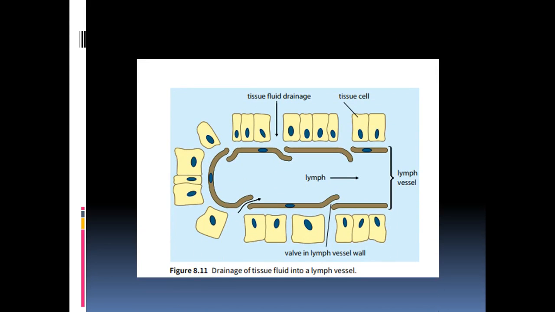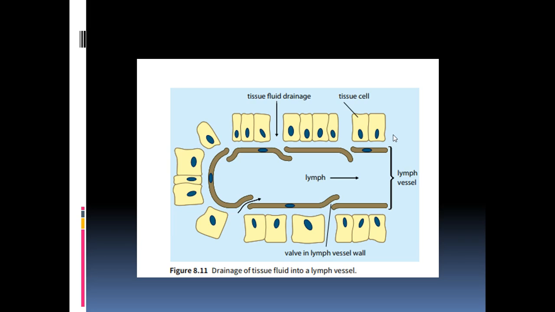Next we are going to look at the formation of the lymph. Remember I said just now that in every circulation of blood in our body, more fluid will leak out of the capillary compared to fluid moving in. So it means that whenever blood passes through the capillaries, we are losing more and more body fluid.